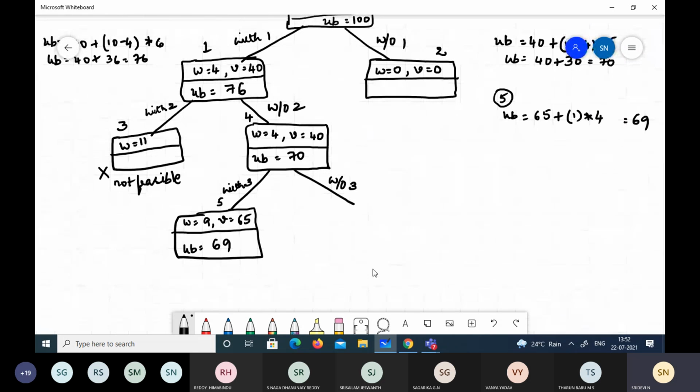Now, without 3 we can calculate this and check.